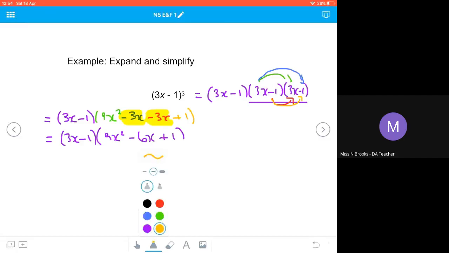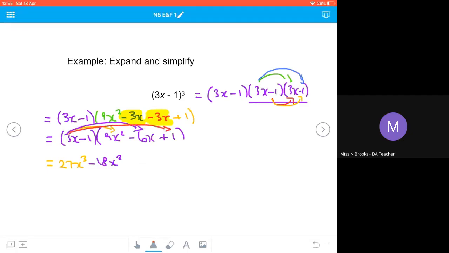So we're going to do 3x multiplied by 9x squared, and that's going to give us 27x cubed. Then we're going to do 3x multiplied by negative 6x. That's going to give us negative 18x squared. And then we're going to do 3x multiplied by the plus 1, and so that's going to give us plus 3x.